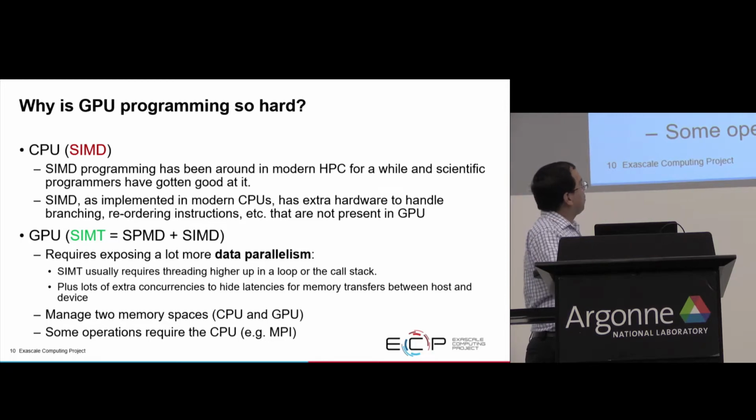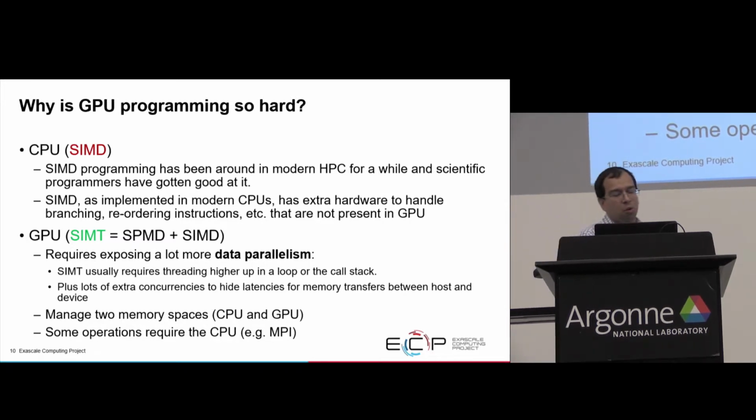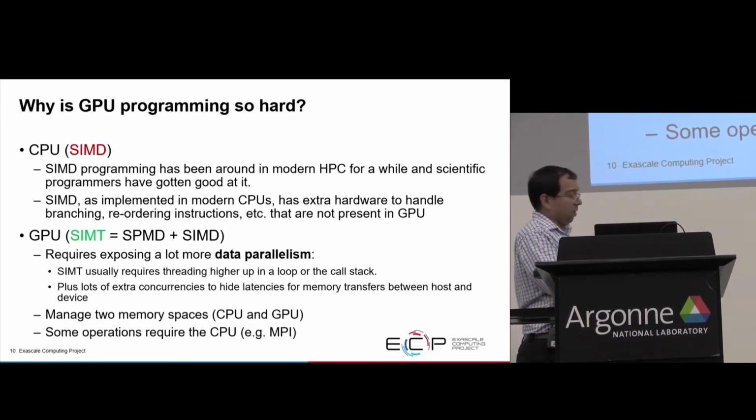Then there's managing two memory spaces between the CPU and the GPU. Programming models have reduced the mental and programming effort to do this. Also, some operations involve the CPU no matter what, for example MPI, though even that is improving, so more of MPI now occurs on the GPU itself.